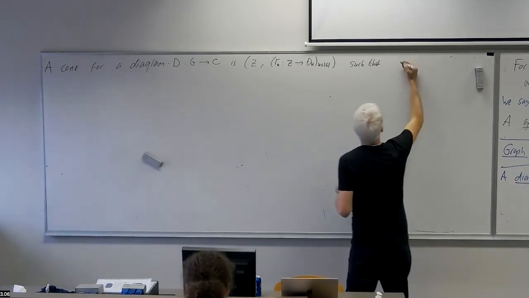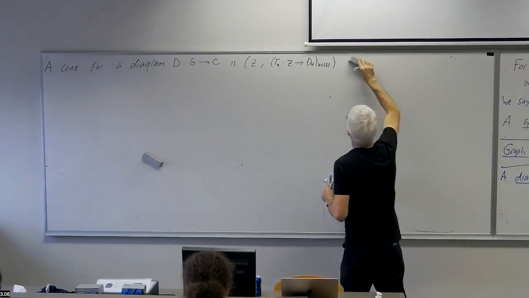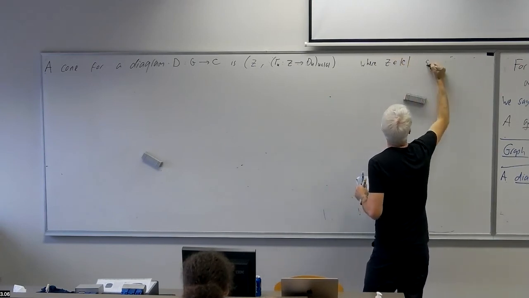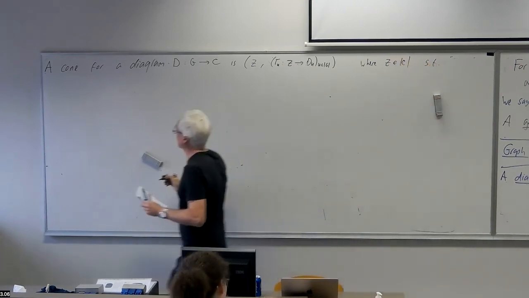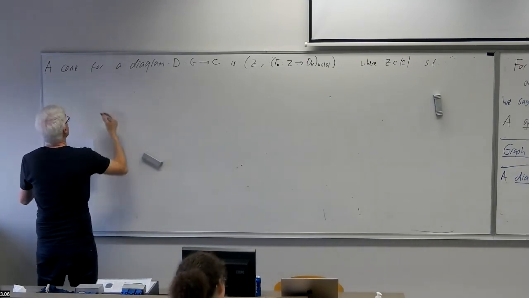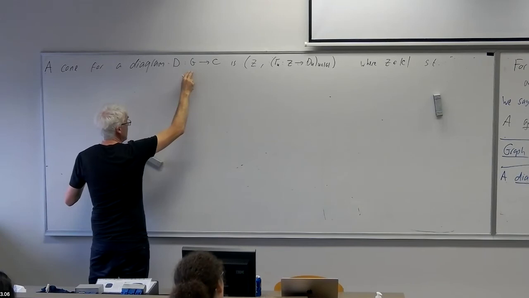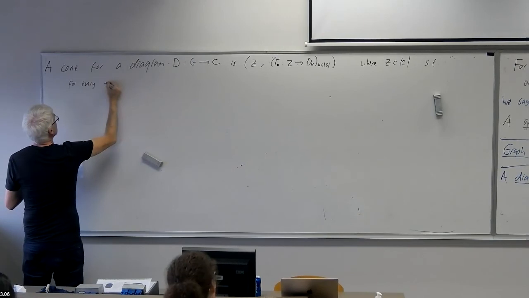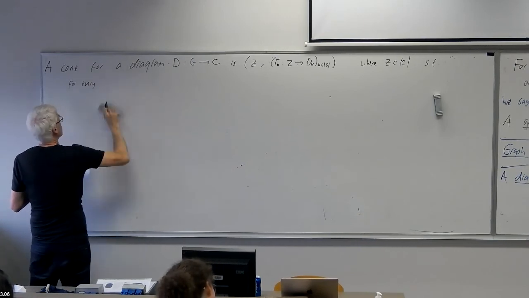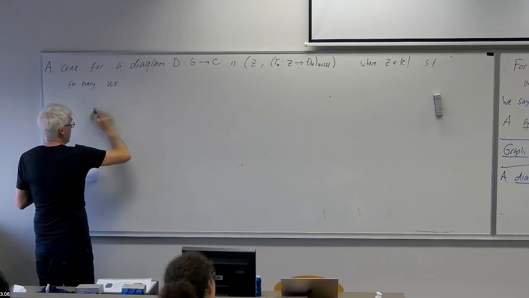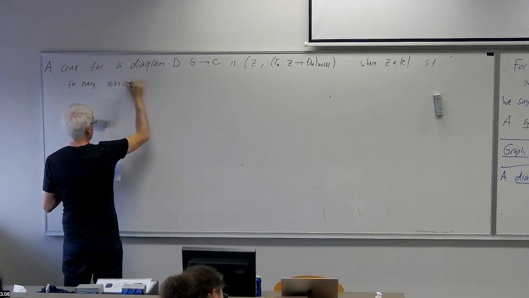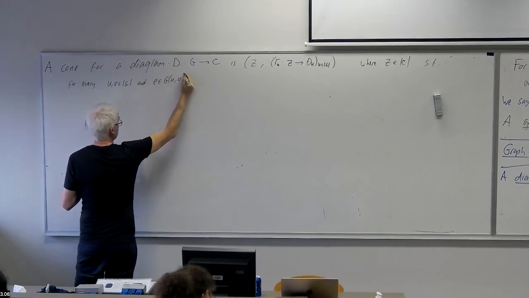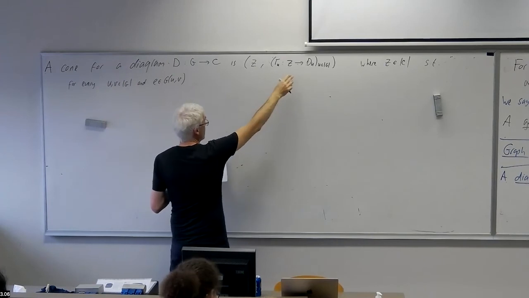So here, where Z is an object of C, all the triangles commute, so that means for any edge in the graph shape, that's for every source and target vertex in the graph shape, and E, which is an edge from U to V, we want the diagram to commute.